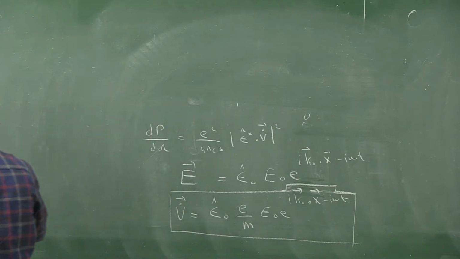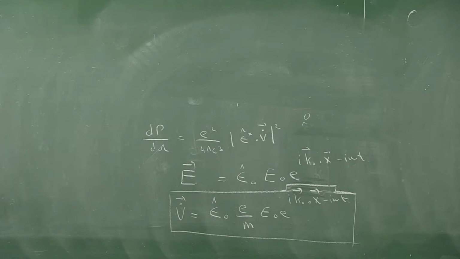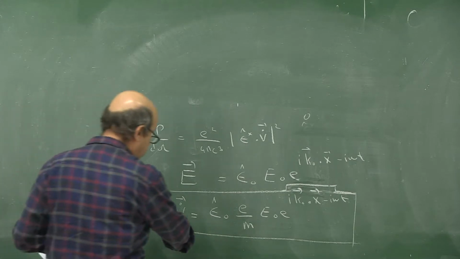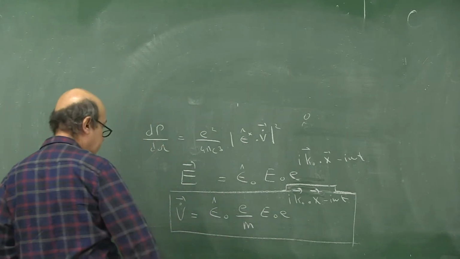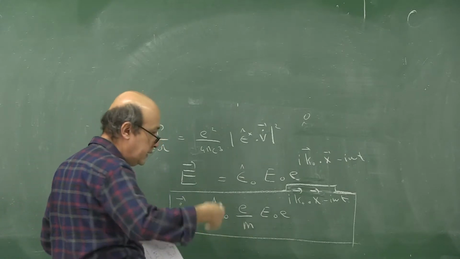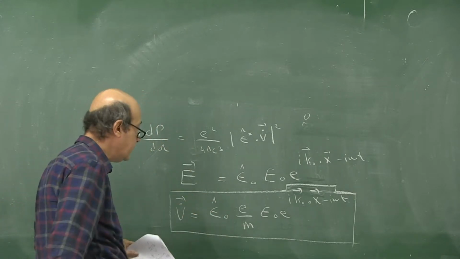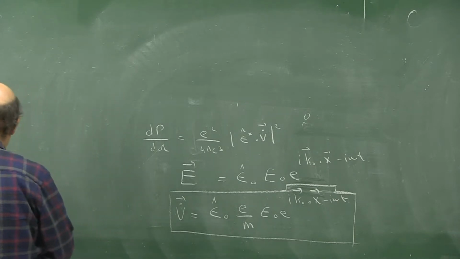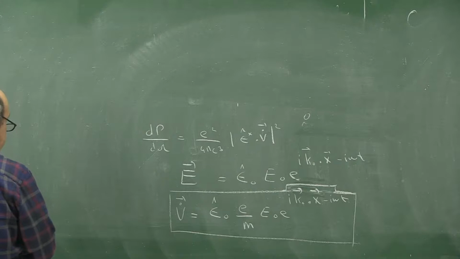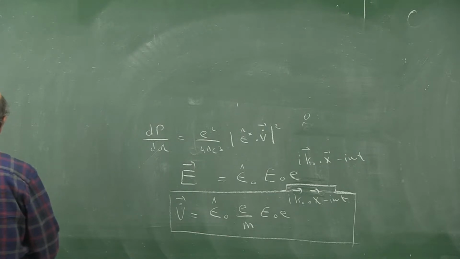If you take the one cycle average of this quantity, then you will deal with the square of this term. So basically that will be the cosine squared if you take the real part, and the cosine squared omega t for one cycle oscillation is 1/2. So basically in the calculation we will have the following.